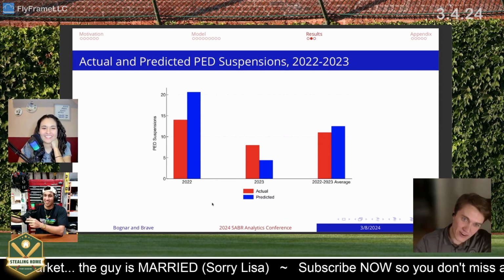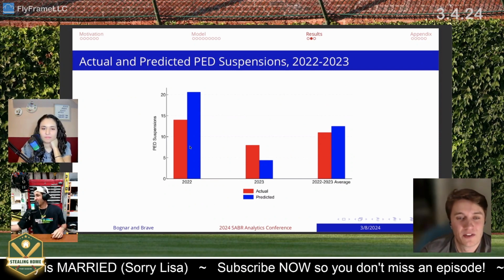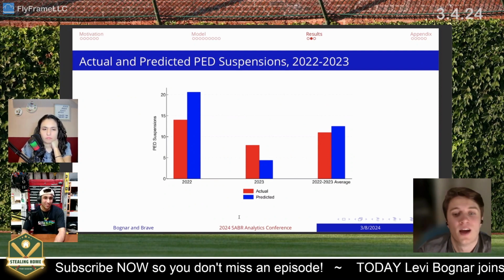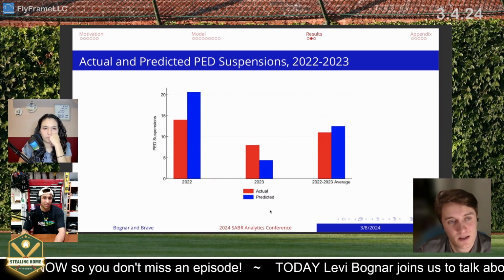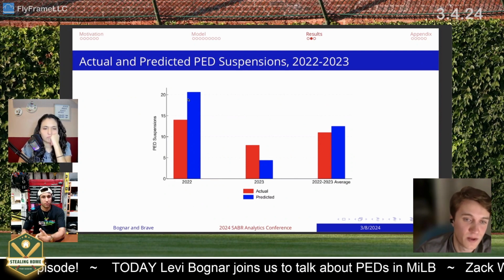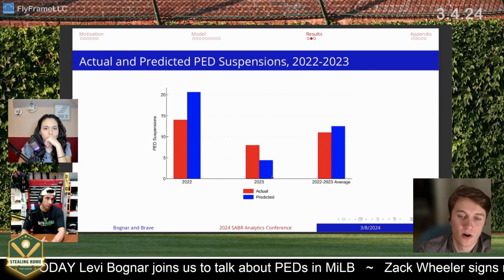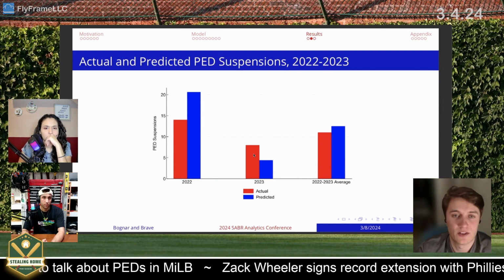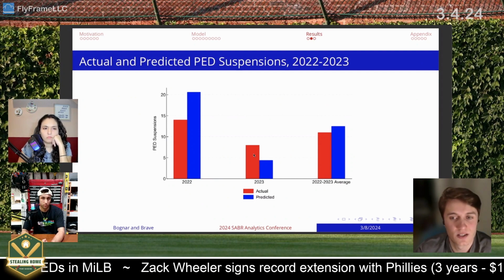Right. So in 2022 and 2023 for the individual years, you can obviously see we're over predicting in 2022 and we're under predicting in 2023. And it turns out in 2022, we're over predicting at the highest levels of minor league baseball. And in 2023, we're under predicting at the lowest levels of minor league baseball. And so we do have some caveats to these predictions.